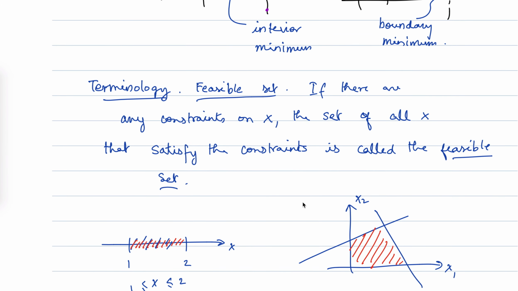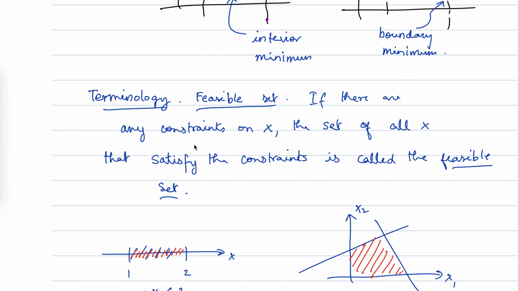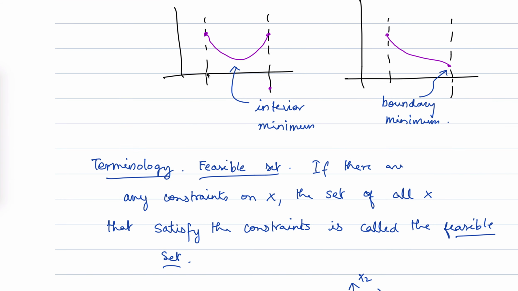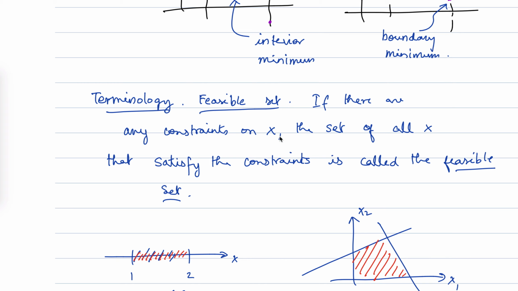Just wanted to briefly mention the terminology here, which I actually just used: the notion of a feasible set. For these problems, the feasible set is between a and b. In general, in maybe even higher dimensions, the feasible set is the set of all x values or p values that satisfy the constraints of the problem.